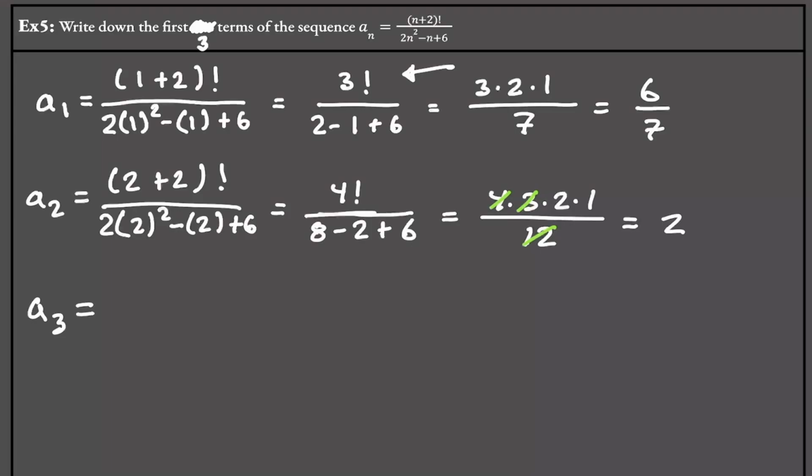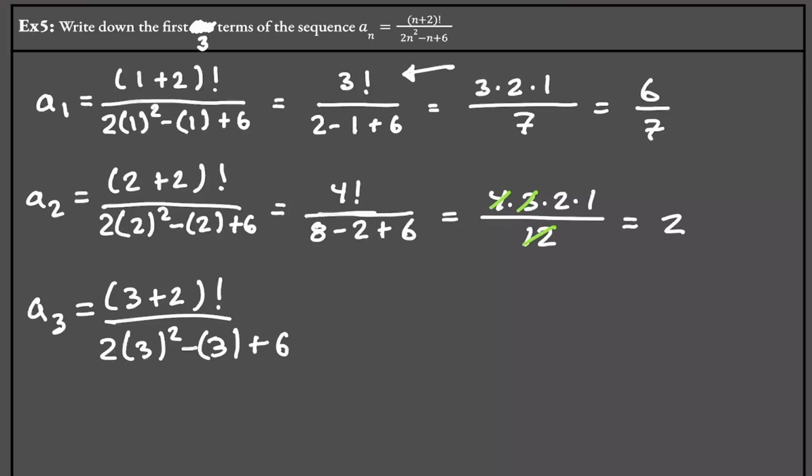So in this case, we're going to replace every n with a value of 3. We'll have 3 plus 2 factorial all over 2 times 3 raised to the second power minus 3 plus 6.